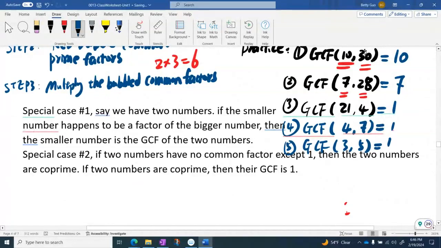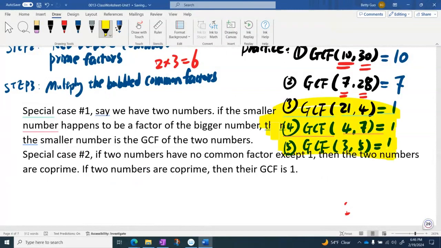GCF of 3 and 5 is 1 as well. All right? So here, let's look at the 3 cases. Three problems. They belong to the second special case, right? The given two numbers are coprime. Let's look at the first problem. 21 is not prime. 21 is a composite. 4 is a composite.